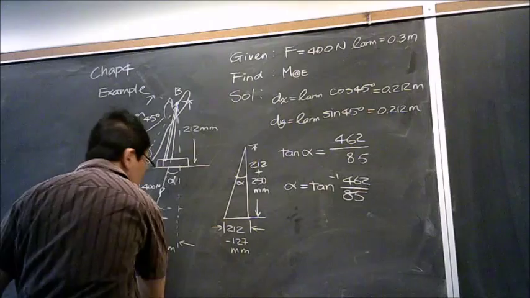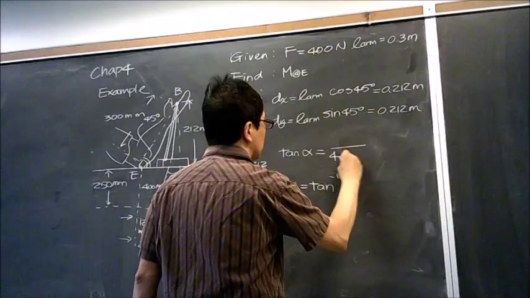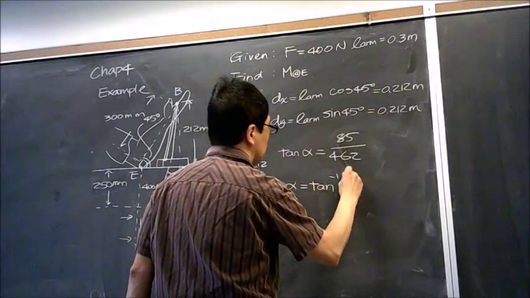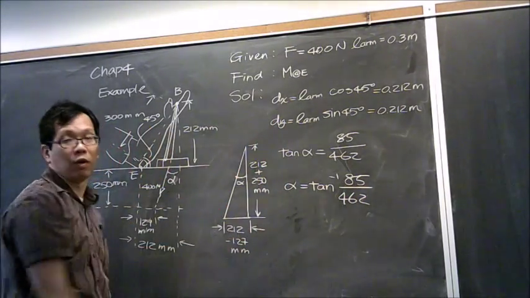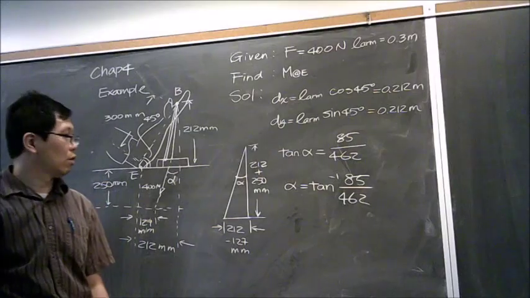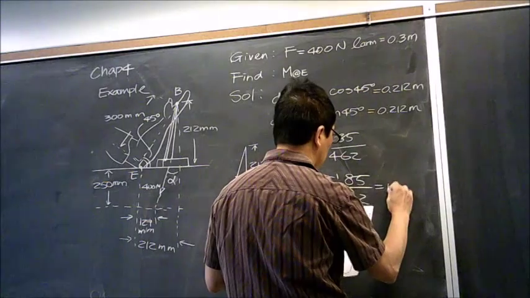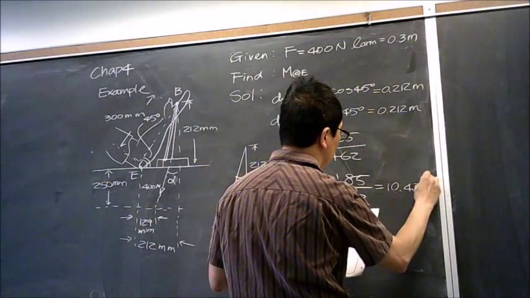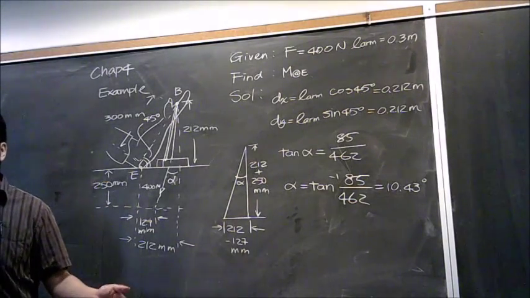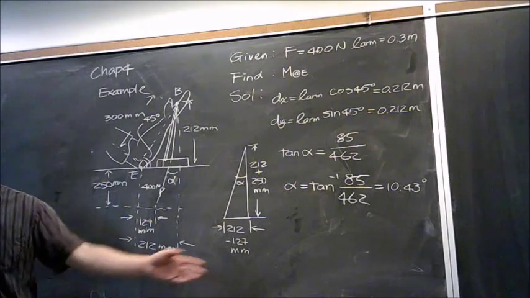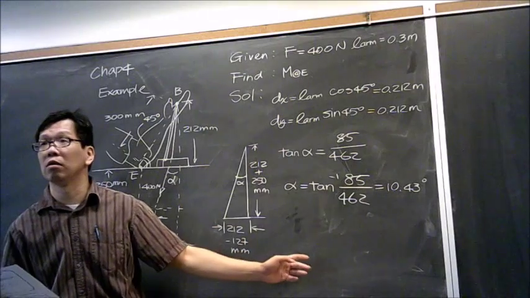No. I'm sorry. It's opposite. This should be x, this should be 1. Okay, so when we are doing that, you're going to find this number is actually equals to 10.43 degree. So far, does that make sense to everybody? Is that clear what I'm doing here? Any questions so far?